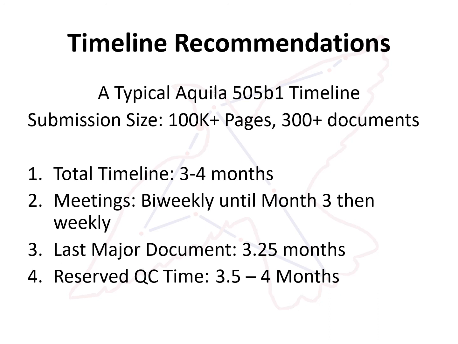The 505b1 applications that we've been talking about typically are at least 100,000 pages and 300 or more documents. Aquila tries to have a 4-month publishing project for these types of applications.